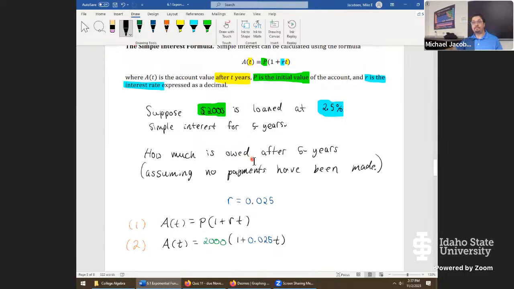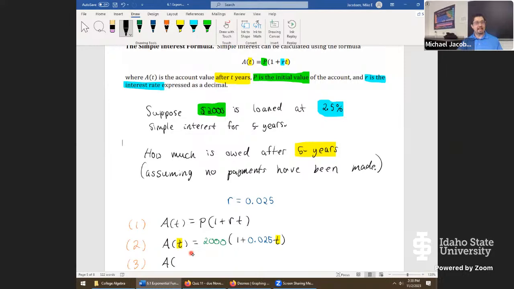We want to know how much is owed after 5 years. So that's going to be our time variable that we plug in on our very next step. I said 2 steps, but I guess you could think of that as 3 steps really, depending on how you number them.